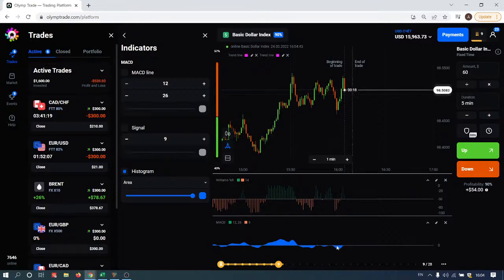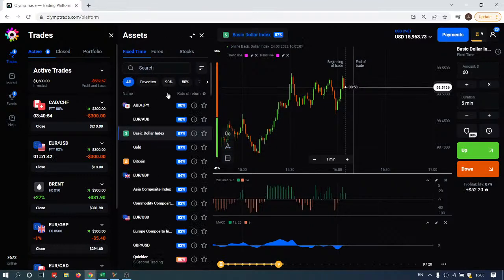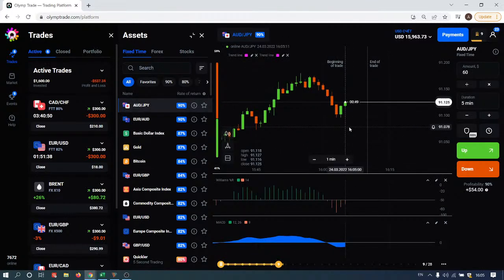The main signal comes from our MACD line or MACD area, whether it is located above or under the zero line. We can also make these lines thicker and more visible on the Williams %R indicator. Then I click back, and we can start applying this strategy.